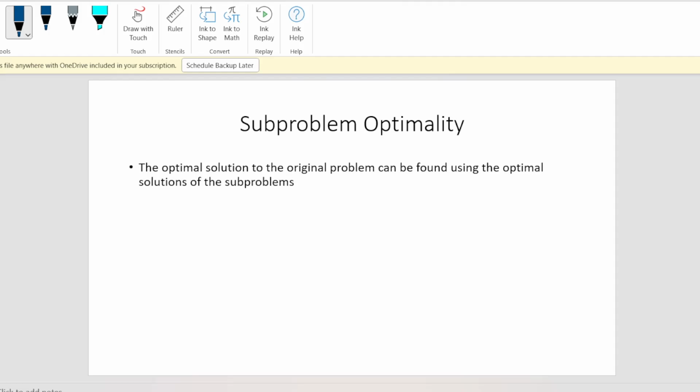Now let's talk about sub-problem optimality. Sub-problem optimality মানে হচ্ছে the optimal solution to the original problem can be found using the optimal solutions of the sub-problems. তার মানে হচ্ছে, let's take the Fibonacci example again.